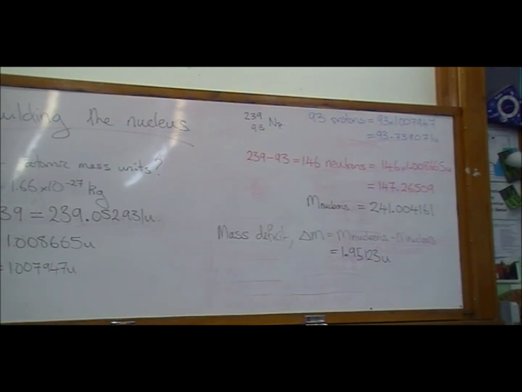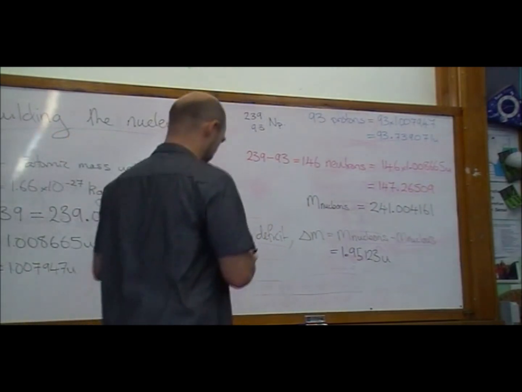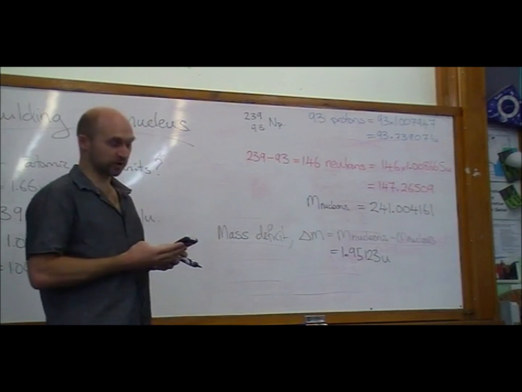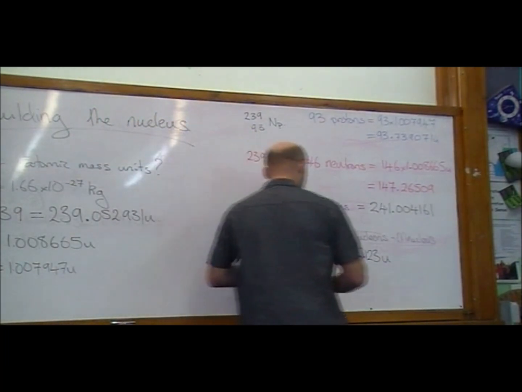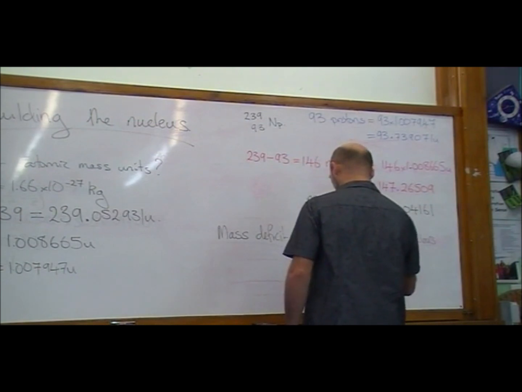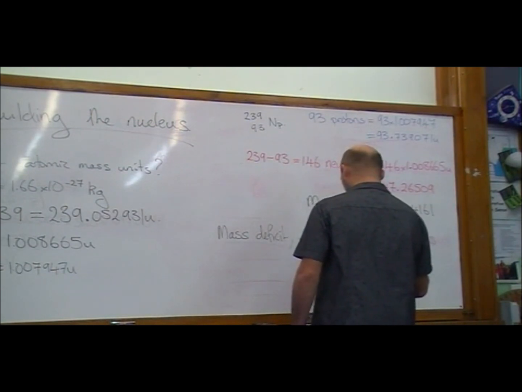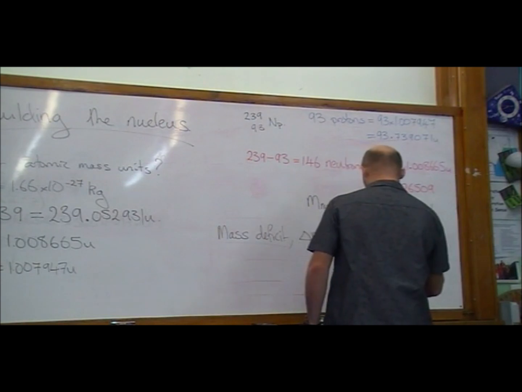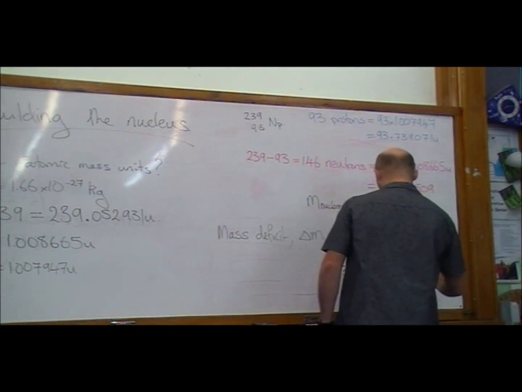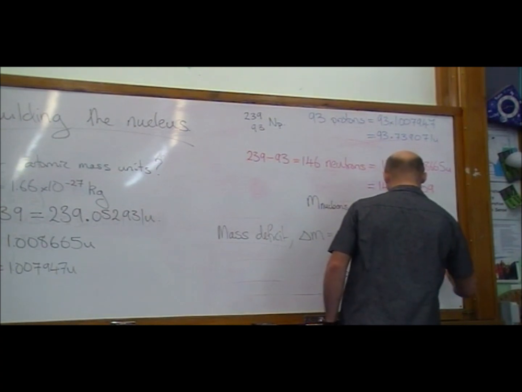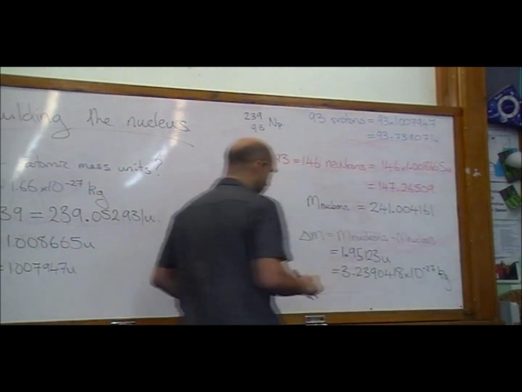Now though is a nice time to convert that number into kilograms. So by multiplying by the 1.66 times 10 to the negative 27, we get a mass deficit of 3.2390418 times 10 to the negative 27 kgs.